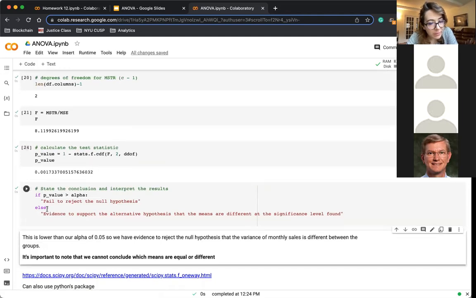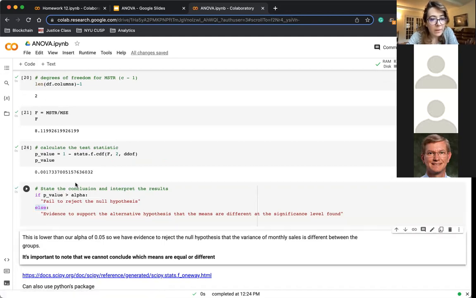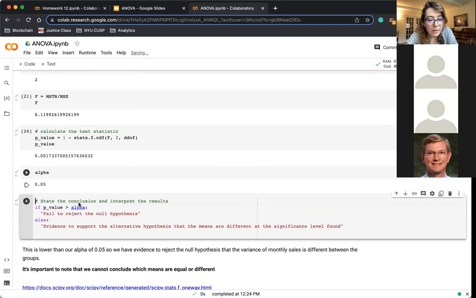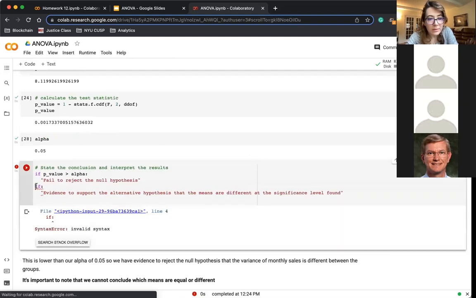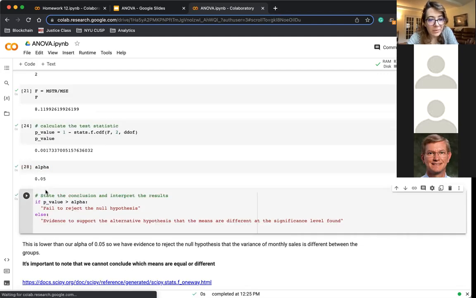So I should have printed out what I want to have it at, because our p-value, let's get our value of alpha, because this should have gone to the other one. Okay, and I will go back to what I have here for why this isn't working.